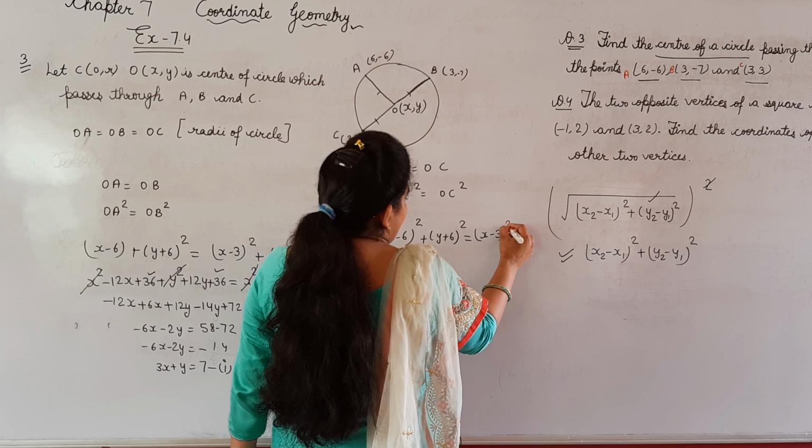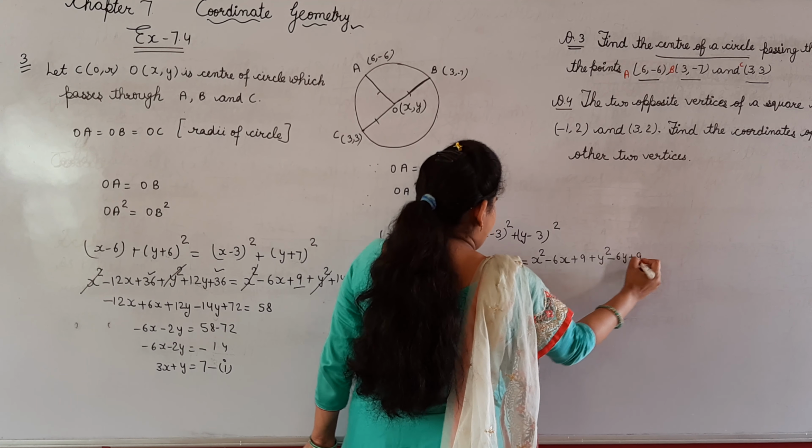And from here x square minus 12x plus 36 plus y square plus 12y plus 36, and it is equal to x square minus 6x plus 9 plus y square minus 6y plus 9.